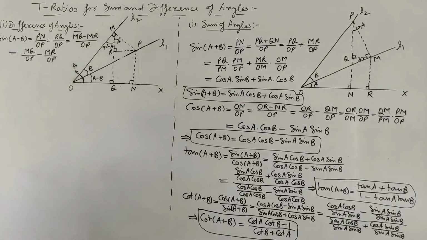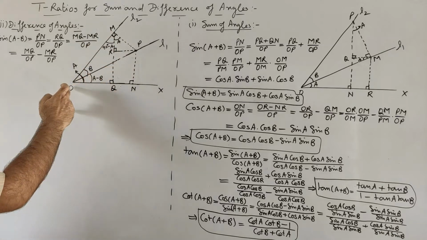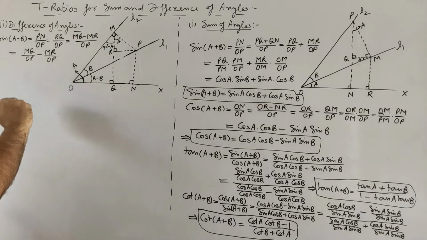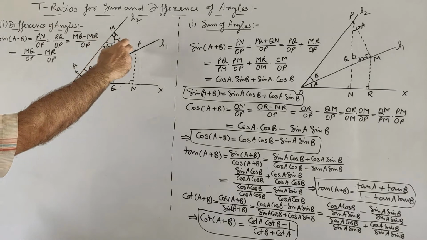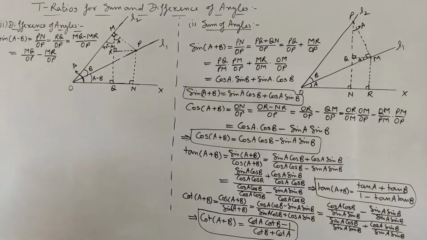Now MQ and OP will be the sides of two different triangles, MQ of OMQ and OP of triangle either OMP or OPN.